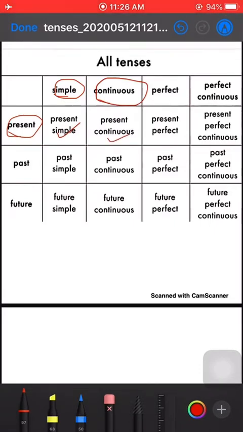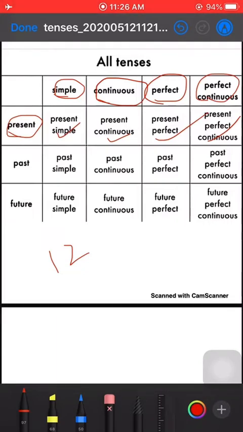Present time combines with perfect aspect gives present perfect. Present time combines with perfect continuous aspect gives present perfect continuous. And likewise for the past and future. So in total we have 12 tenses in the English language.